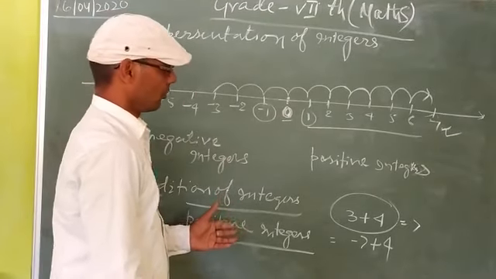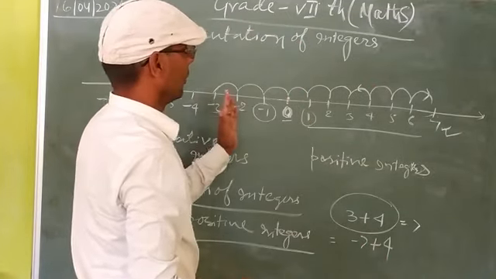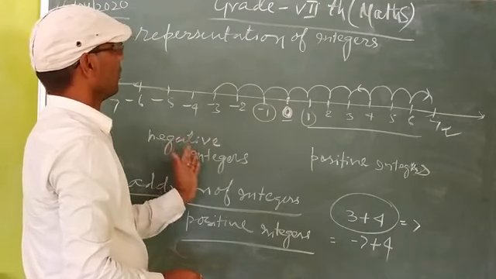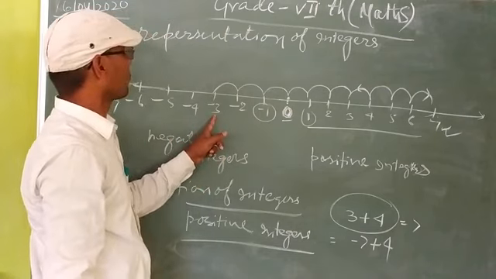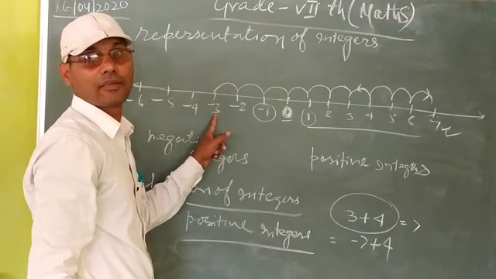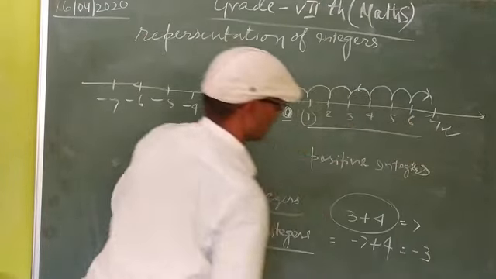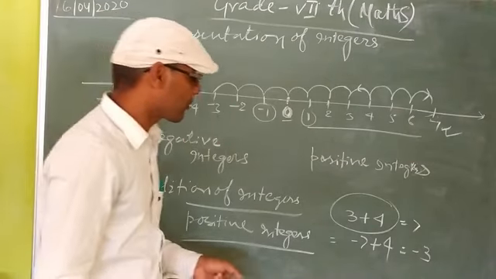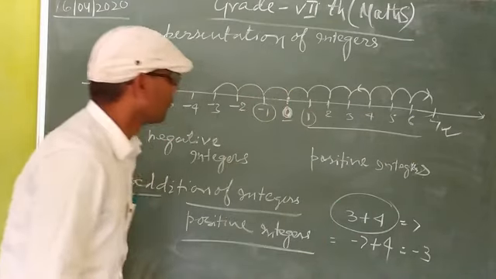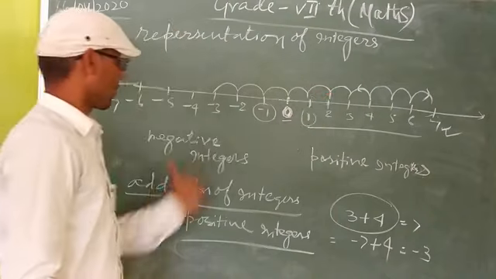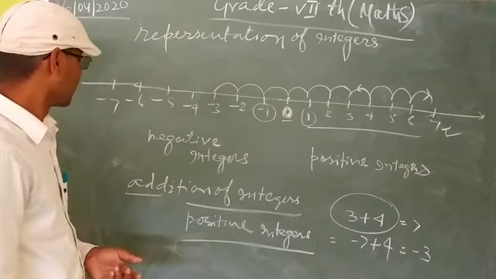We have moved from 4 to the negative side, to the left side. -7 plus 4 is equal to -3. If one is positive and another is negative, then we move towards the negative side in the case of addition.